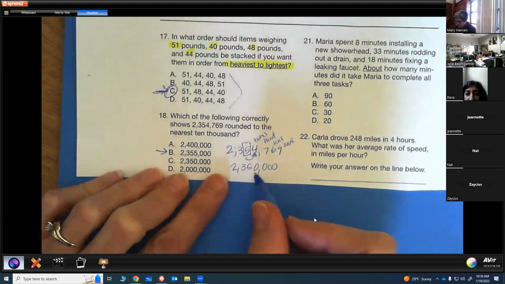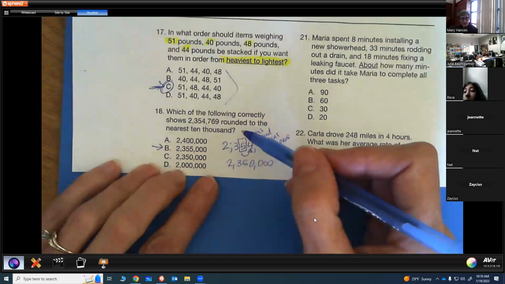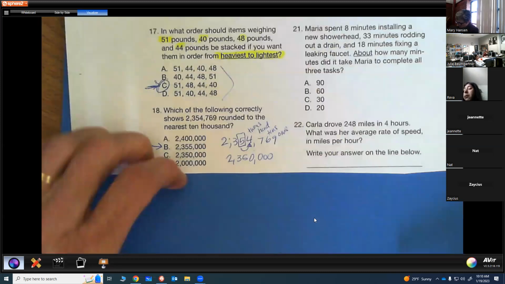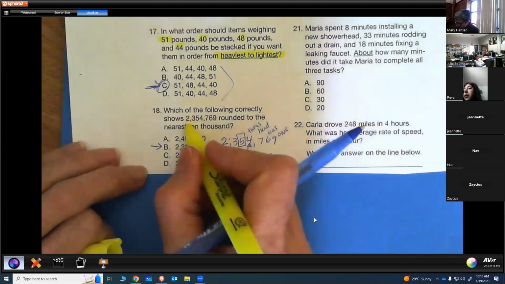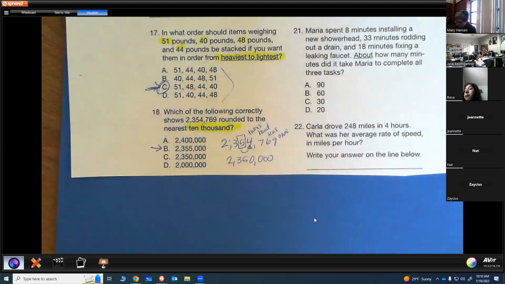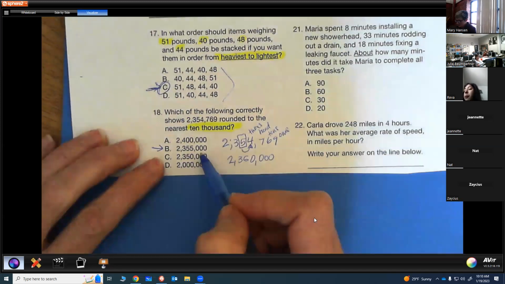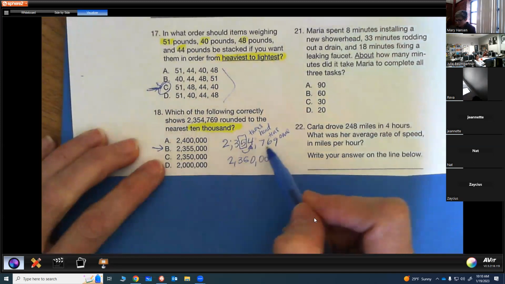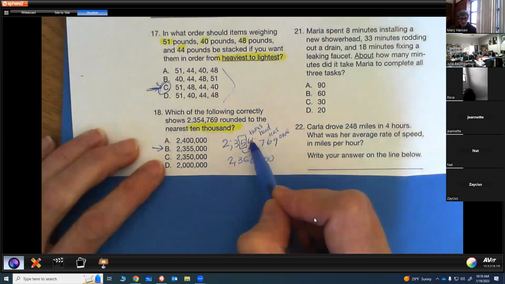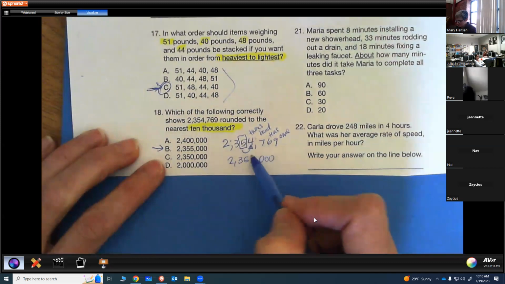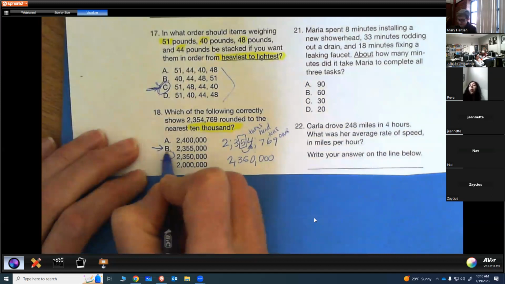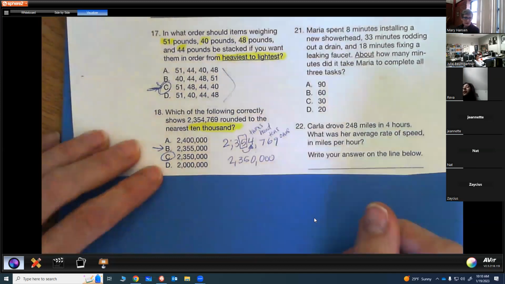The reason B wouldn't be right is that would be rounded to the nearest 1,000, so you need to make sure you get that 10,000 in there. B would be correctly rounded to the nearest 1,000 because they looked at the 4, looked next door to the 7, and rounded the 4 to a 5. But to the 10,000s place would be C. Any questions?